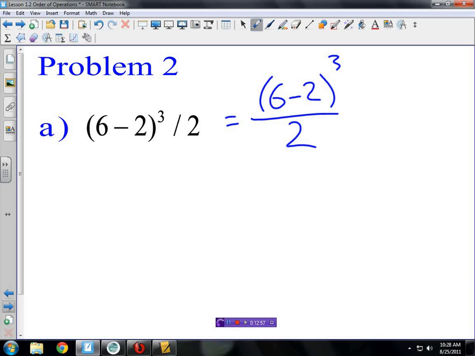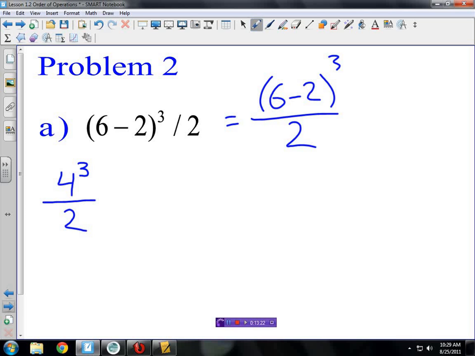According to PEMDAS, what's the first thing I'm going to do? Parentheses, and I do have some parentheses in there, so I need to do those first. So I have 6 minus 2 is 4, and I have the cube still, and then on the bottom I have 2. After parentheses are gone, what do we do next?